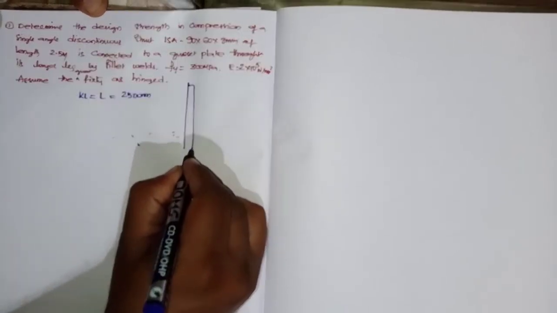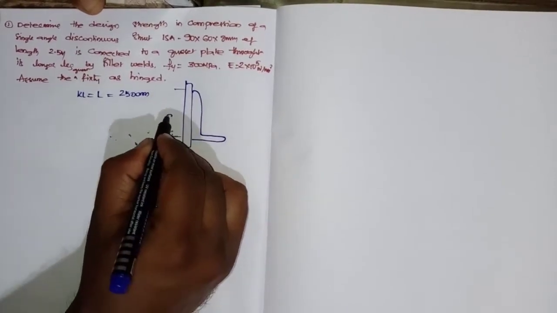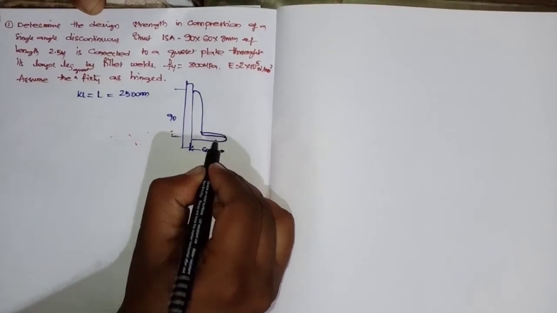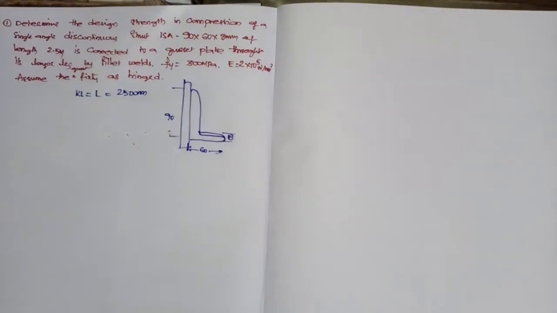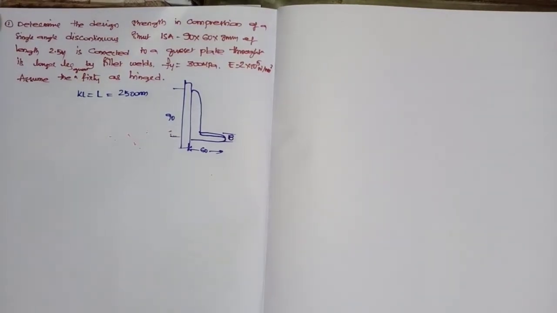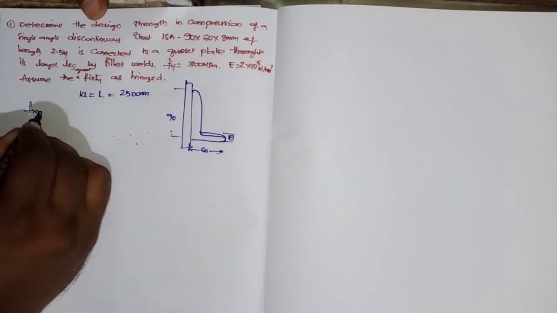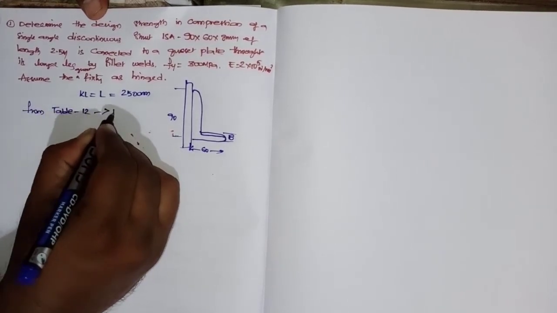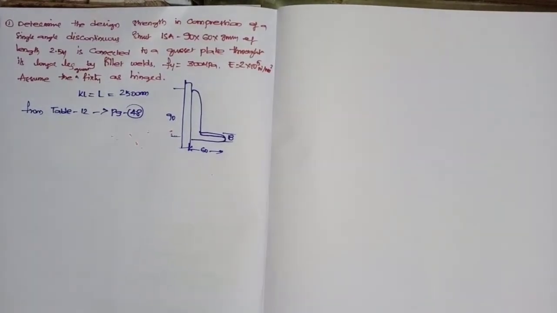Gusset plate, longer leg connected, this is 90 and this is 60, 8 mm. Okay, now what is the fixity condition? Hinged. So from table 12, page 48.